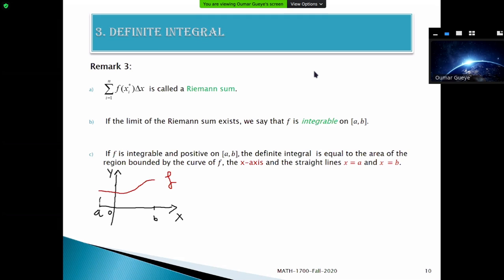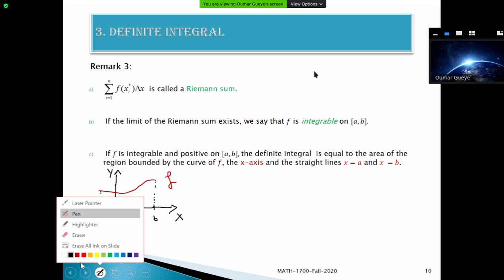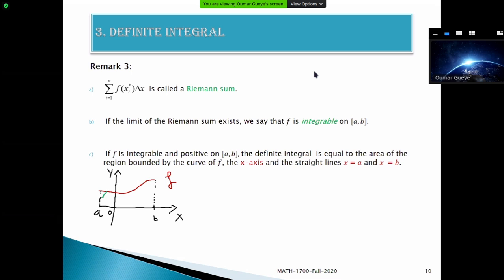And we would like to calculate the area of the region bounded by the curve of f, the x-axis, and the lines at A and B. Okay, so this function is positive.